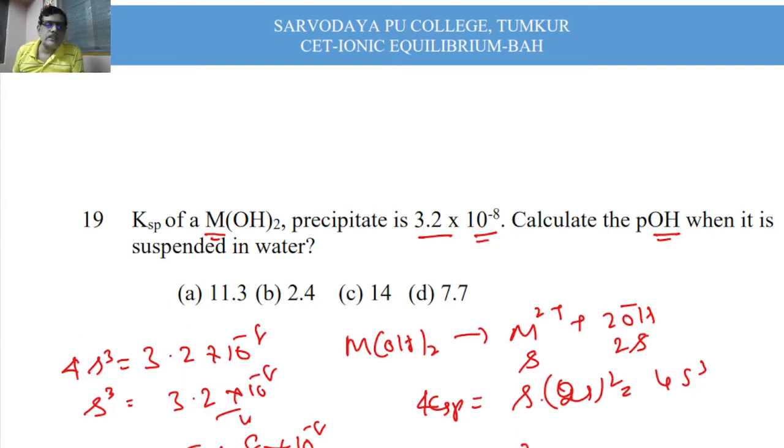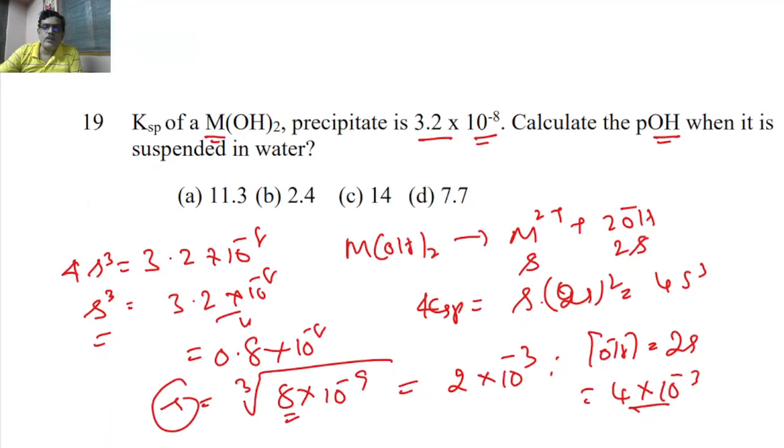Usually in competitive exams, the cube root is given in a way that is easy to derive. Now this is the value of S. Therefore the concentration of OH- is 2S, so we have to take it as 4 × 10^-3. Now what will be the pOH of this solution?